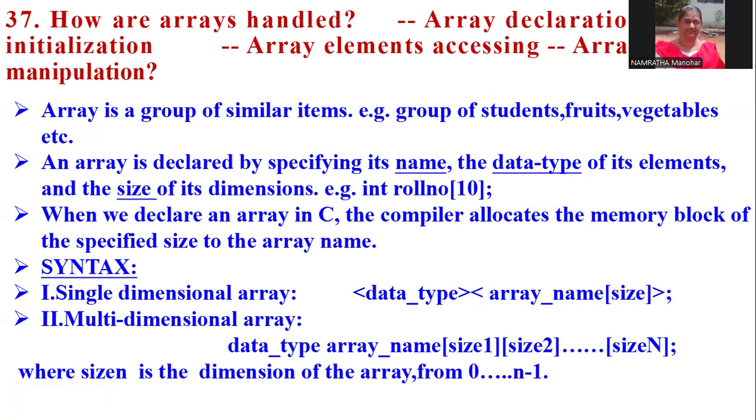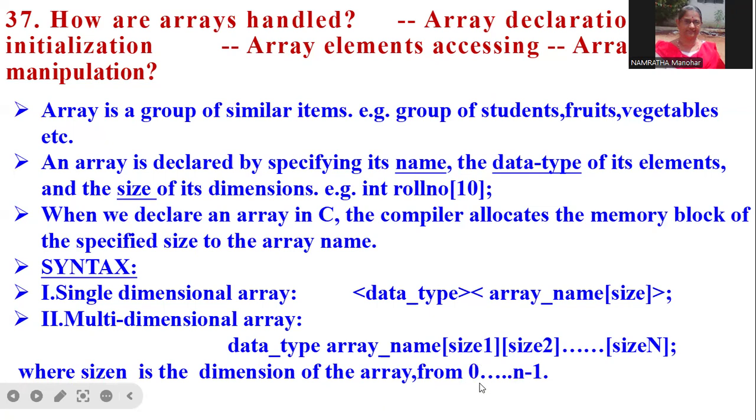You can have any number of sizes. For example, in a two-dimensional array, n1 and n2 could be 5 and 2, or you can have any number of rows. Here size n is the dimension of the array, from 0 to n minus 1, because the counter starts from 0 by default.